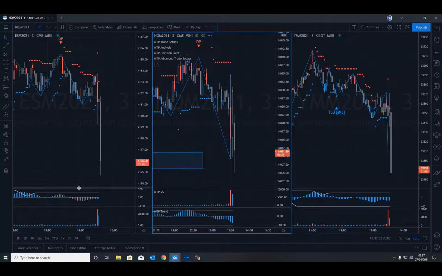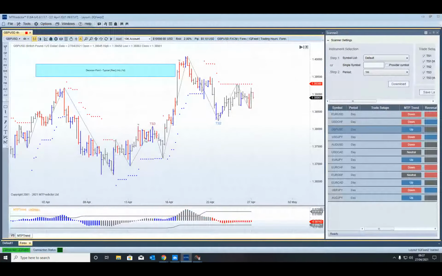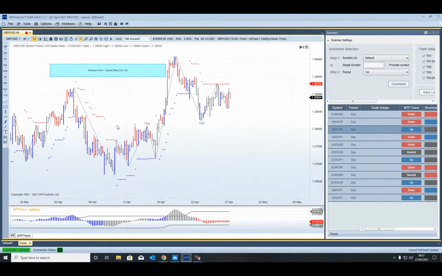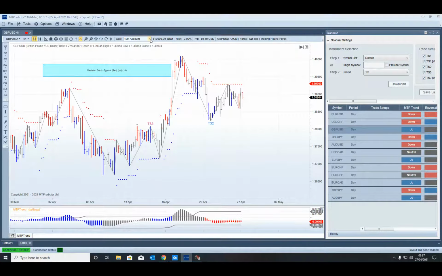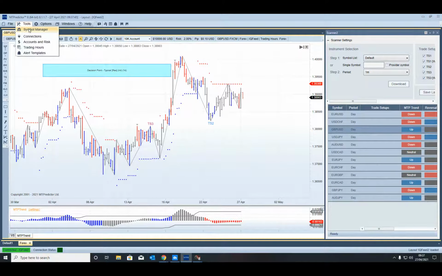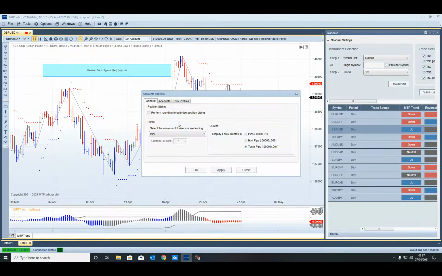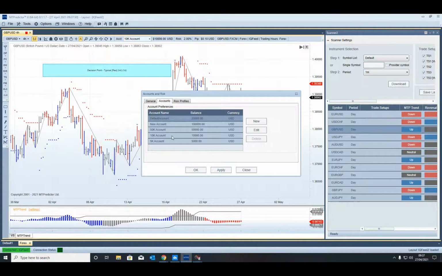Alessandro, yeah, you're talking about the standalone version. If you exceed your margin requirements, you can just do a smaller account. So if I go to Tools, Accounts and Risk, I've got several smaller accounts set up. We don't actually calculate the margin requirements in MT Predictor at all, because every broker has a different margin requirement and it'd be so difficult to keep up with that.